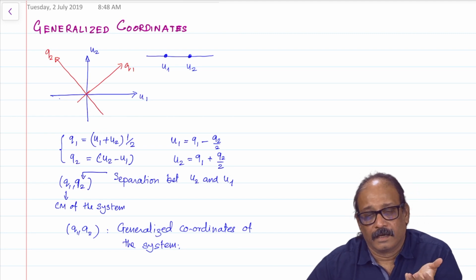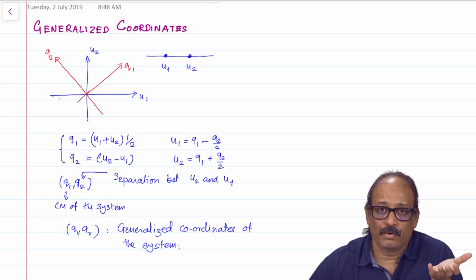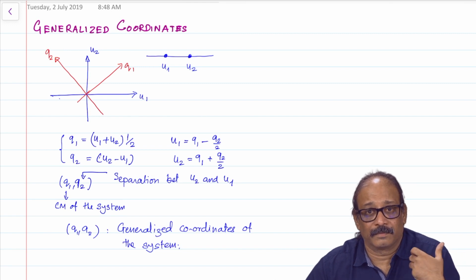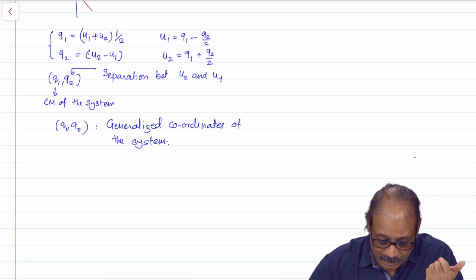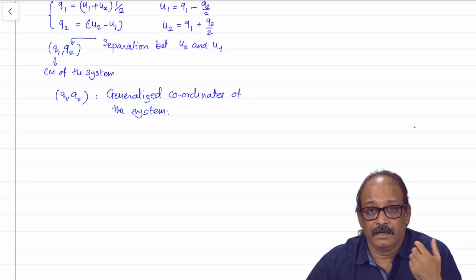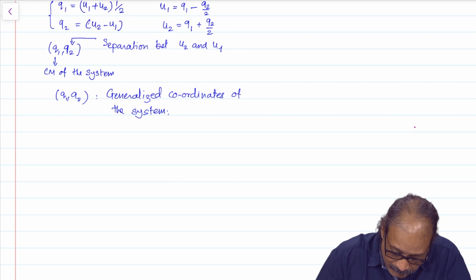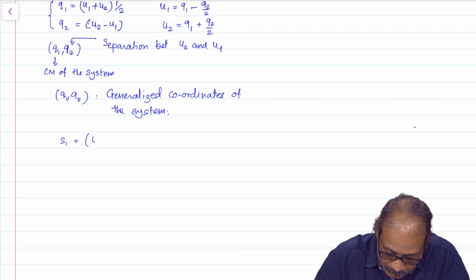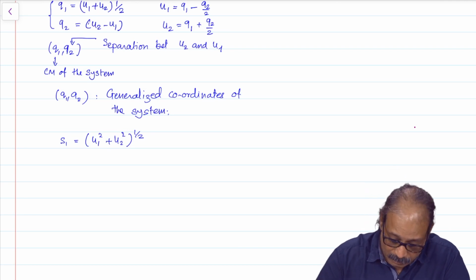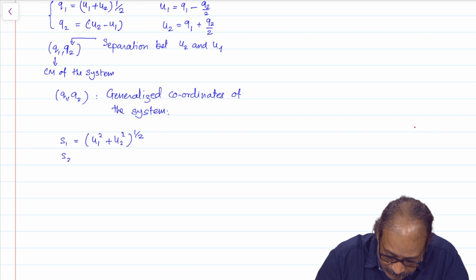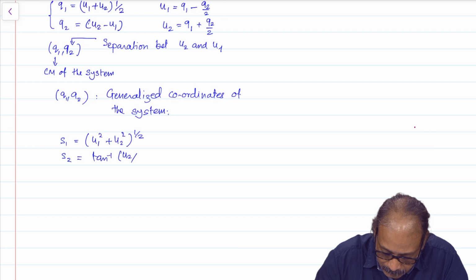And then there is really no end to what kind of transformations you can do. Your transformations need not be linear, you can do non-linear transformations. For example, I can write S1 as (u1 squared plus u2 squared) to the power half, and I will write S2 as tan inverse of u2 by u1.